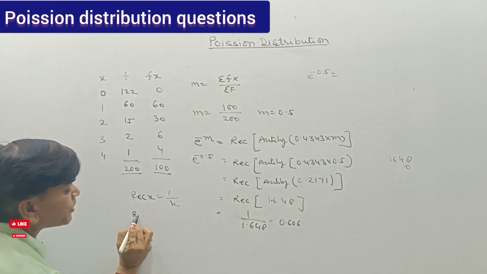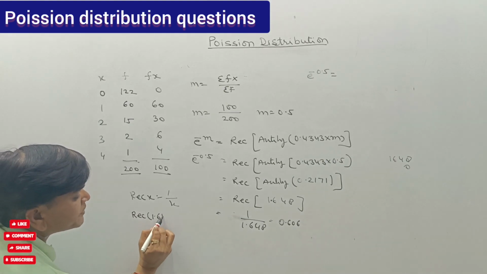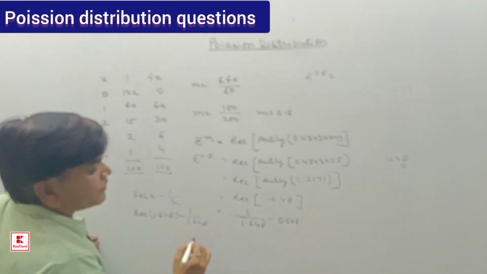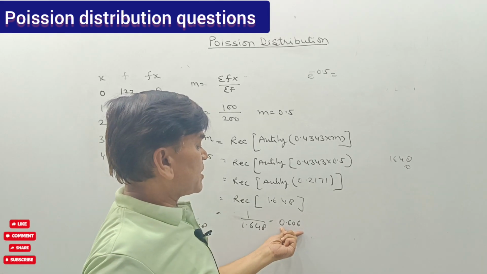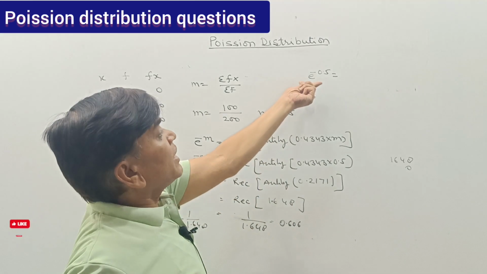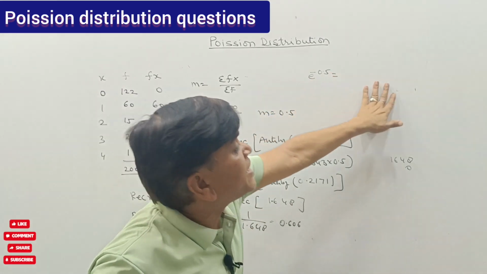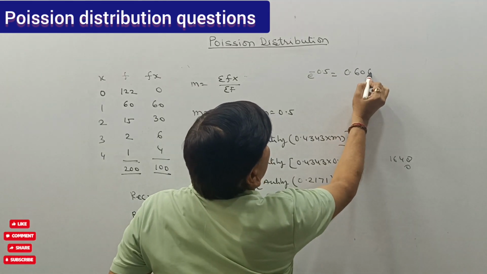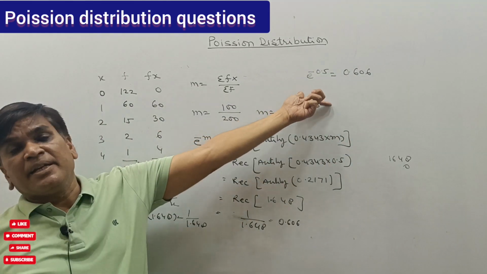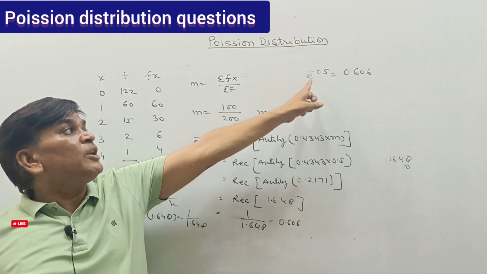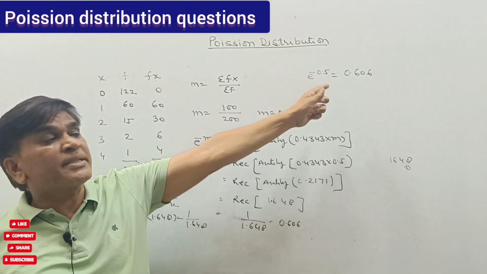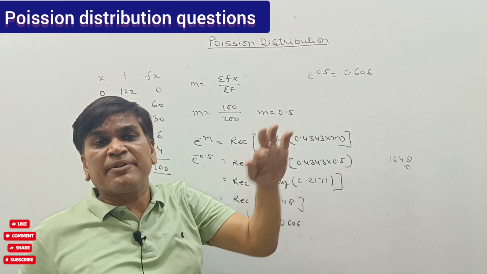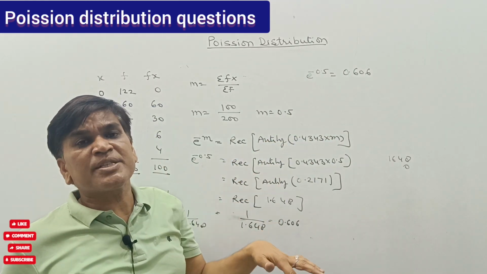Getting the reciprocal of x is equal to 1 upon x. So the reciprocal of 1.648 will be 1 upon 1.648. So we are getting 0.606. And if we see the table of e raised to power minus m, there also we get 0.606. So you can directly get the value of e raised to power minus m with the help of the e raised to power minus m table, which is given in your statistical tables.